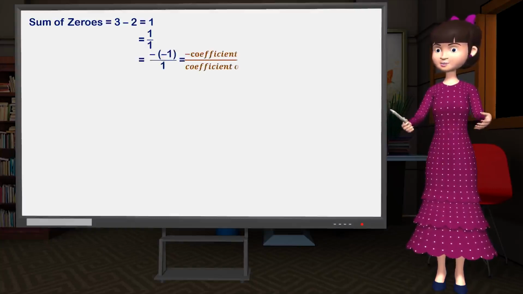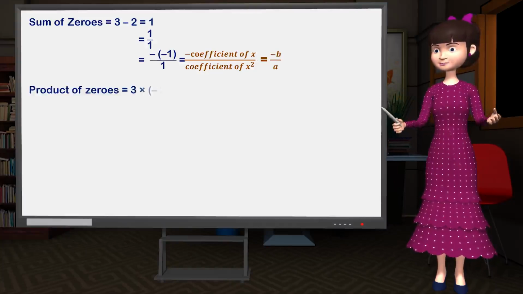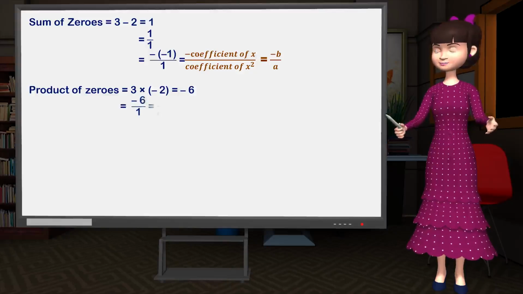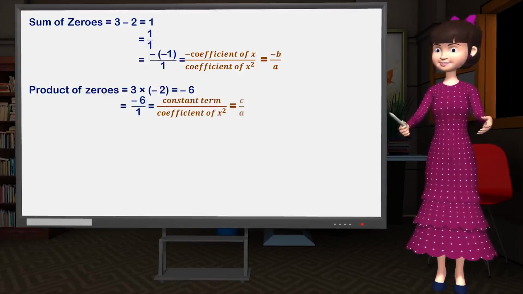That is minus coefficient of x by coefficient of x square, that is minus b by a. Product of zeros will be 3 into minus 2, which is minus 6. Minus 6 can be written as minus 6 by 1, which is constant term by coefficient of x square, that is equal to c by a.